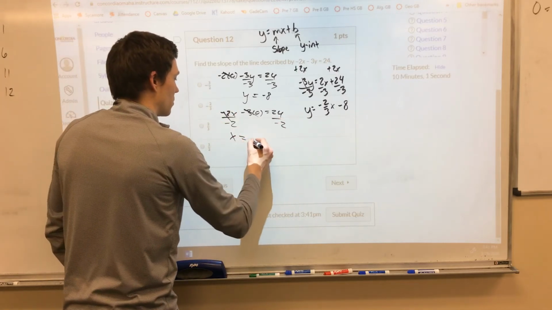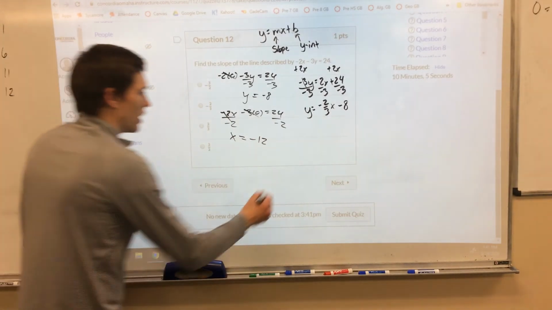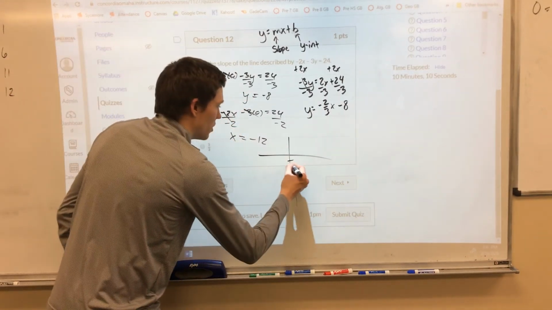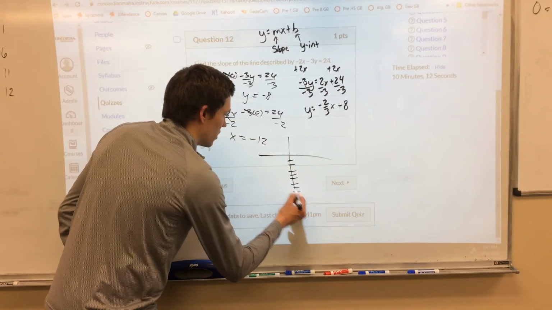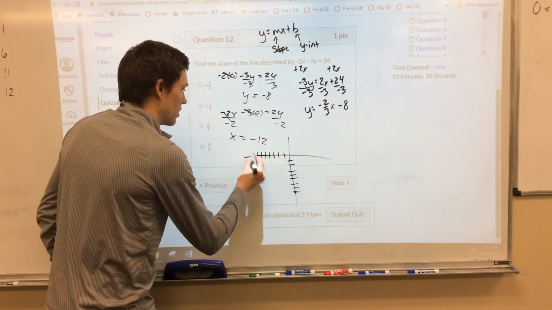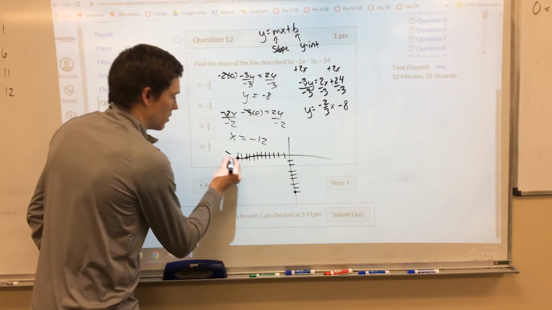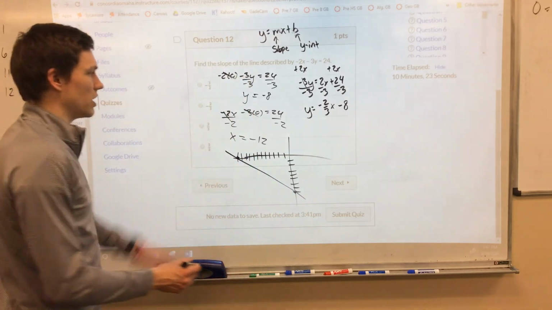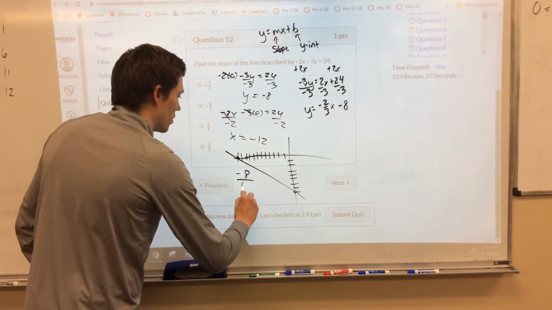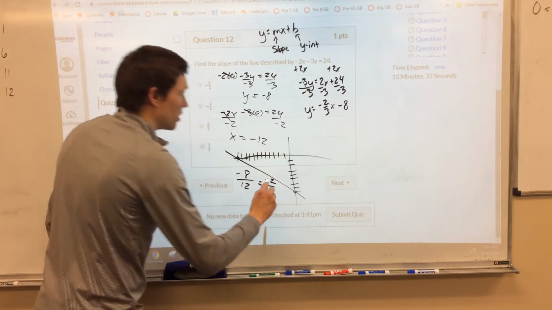I get x equals negative 12. So when I graph, y is negative 8, x is negative 12. So that slope is going to be down 8 over 12, which is the same thing as negative 2/3.